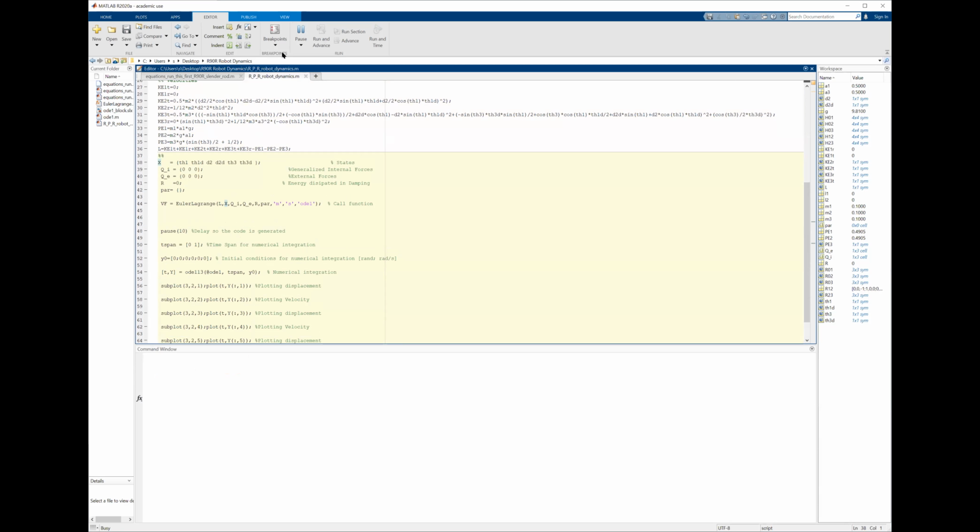And then it will run for some time, and then it will generate the plots.